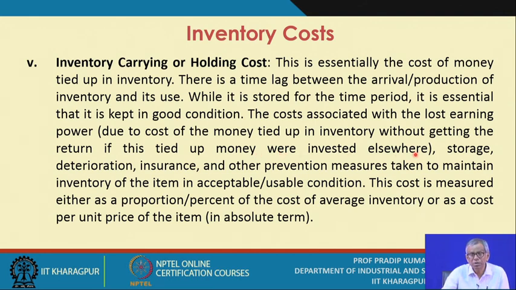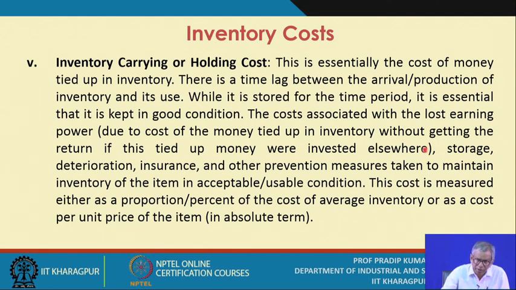Obviously, this is the inventory, a huge amount of inventory, idle resource. So the capital is tied up, money is tied up. So unless you release it, how can you use this money for other productive purposes? So what do you need to do?